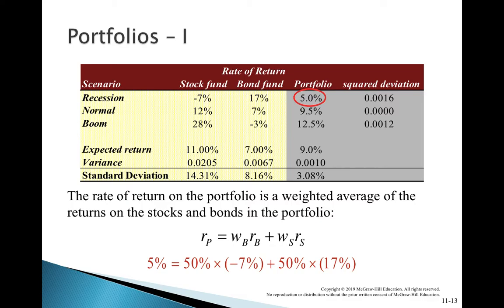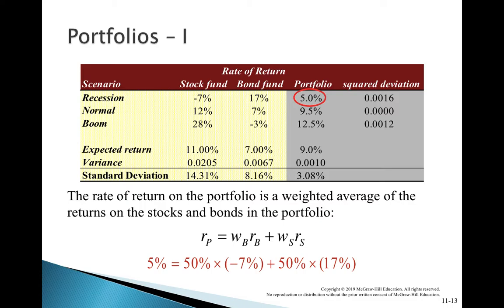So, for example, under recession, we need to calculate the portfolio's possibility of return. How to calculate that? Weight of bond fund is 50% multiplied by return of bond fund, minus 7%, plus weight of stock fund is 50%. We have assumed 50% in bond, 50% in stock. So weight of stock fund is 50% multiplied by the return of stock fund, 17%, will give you the possibility of return of the portfolio under the recession.